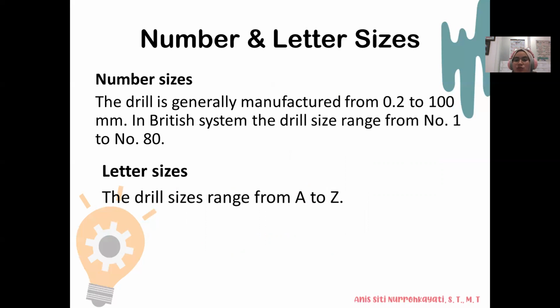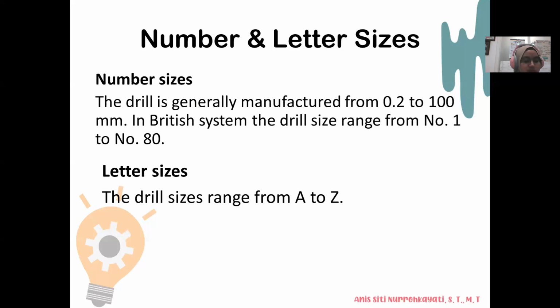0.2 to 100 millimeters. In the British system, the drill size ranges from number 1 to number 80. Number 80 is the smallest, having a diameter equal to 0.0135 inch, and number 1 is the largest, having a diameter equal to 0.228 inch.